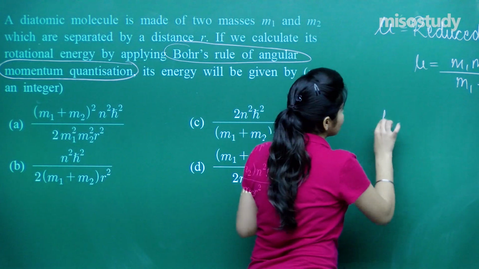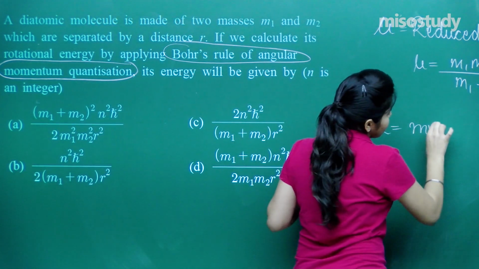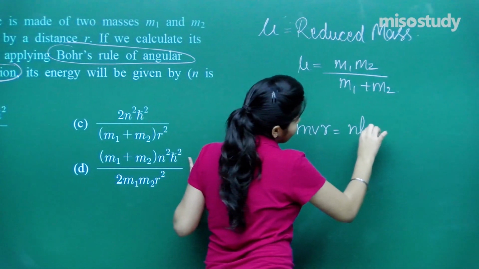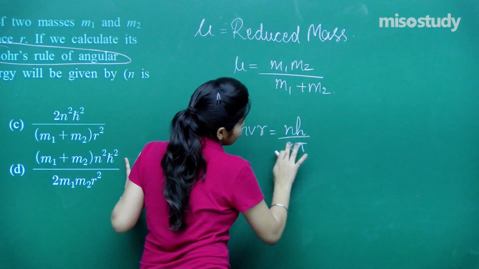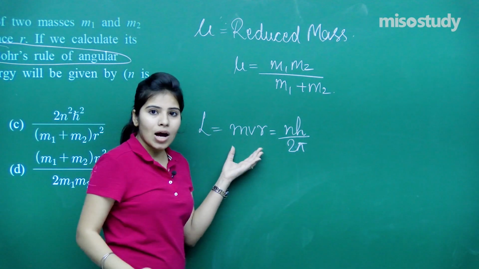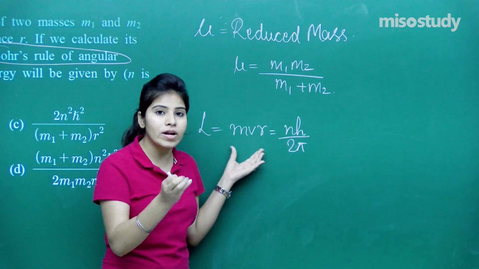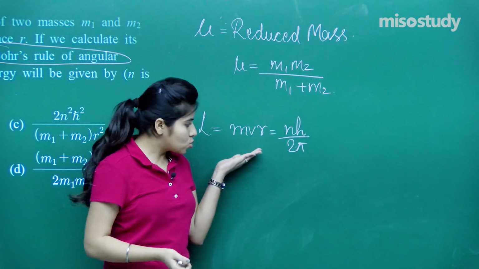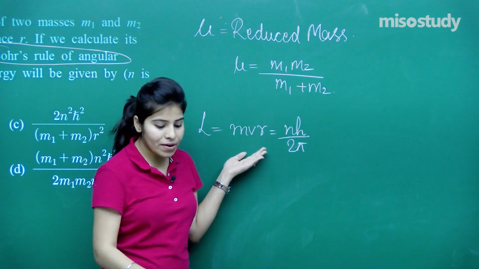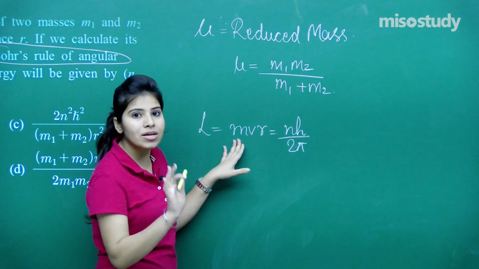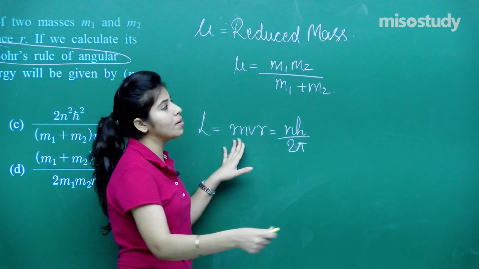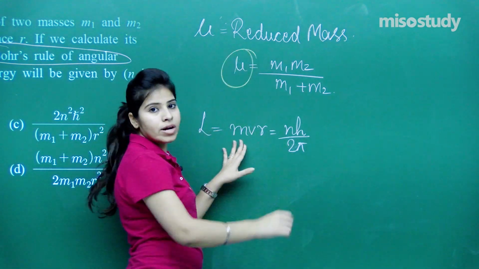So let me write over here, your L will be equal to mvr and that will be equal to nh upon 2 pi. Now because we have been using the terms angular momenta and angular kinetic energy, from here we will be writing this m, because we have converted these two m's into one particular m.